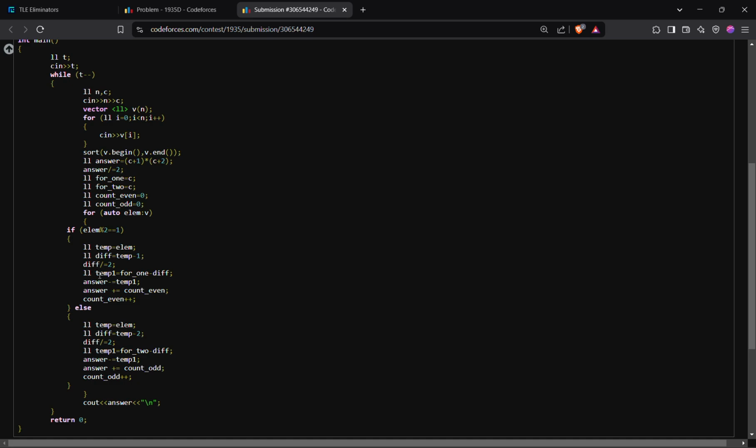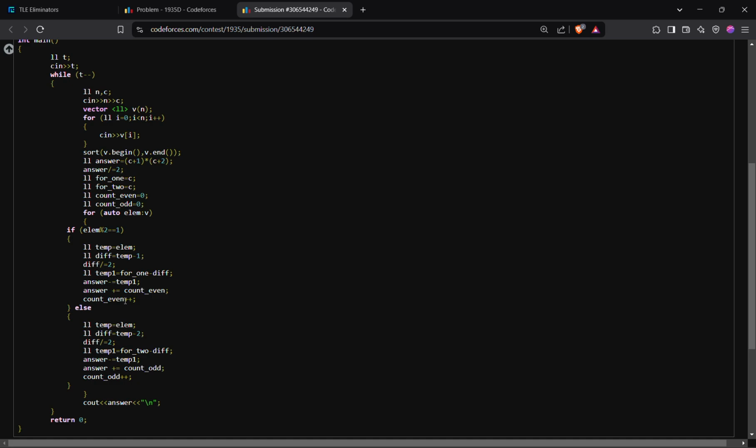And this temp 1 is like the number that I have to decrement. The number I have to decrement for 1 minus difference. Yes, so that is basically self-explanatory, I assume. And negating it from the answer. And why am I adding this? You know the answer, right? So it is the inclusion exclusion principle.